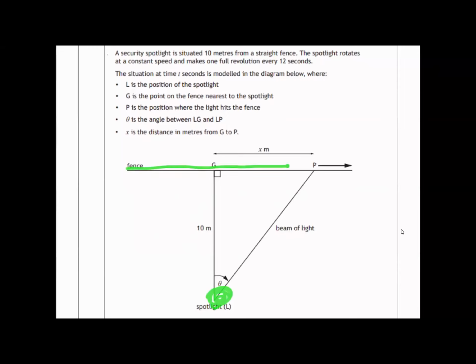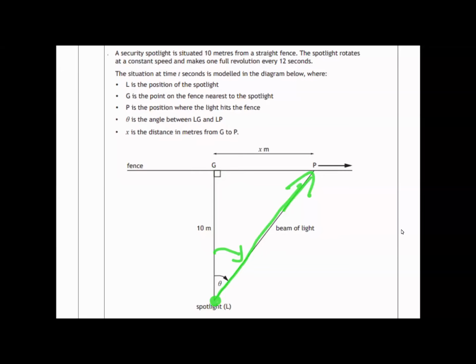The fence is over here, so G must be a perpendicular distance. P is the position where the light hits the fence. So there's a beam of light, currently at a certain angle theta, pointing at point P. Theta is the angle between LG and LP.